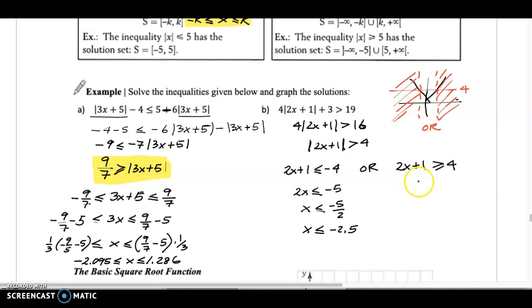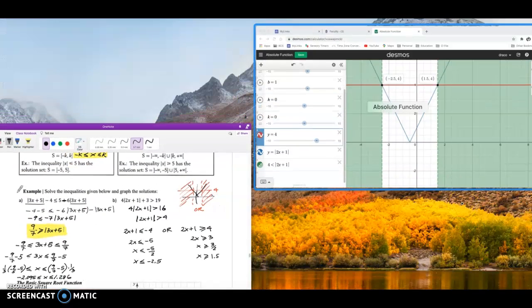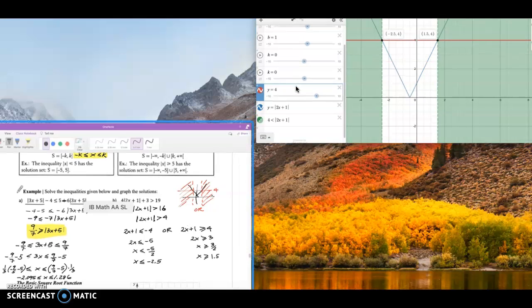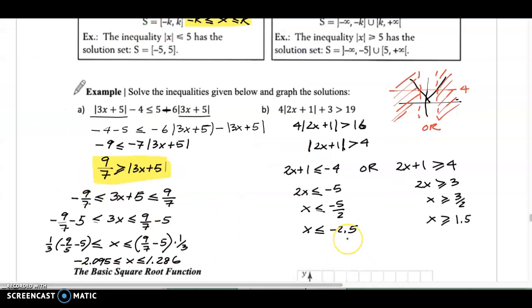And then this one is 2x greater than or equal to 3, so x greater than or equal to 3 over 2, which is 1.5. And if we go back, there it is, minus 2.5 and 1.5. Perfect. We're exactly where we want to be. That is our solution.